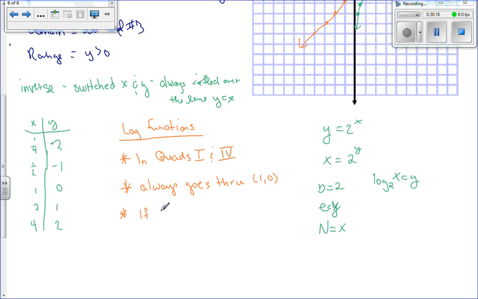If b is greater than 1, it is increasing. And if b is between 0 and 1, it is decreasing.